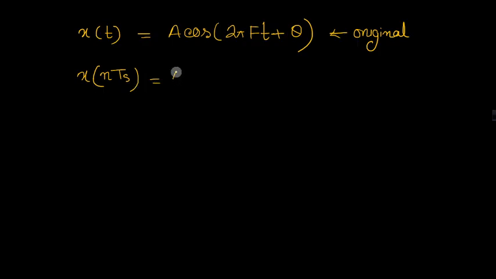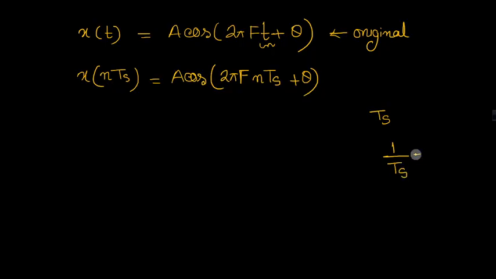And if I put nTs instead of t, I have to write nTs here. Okay, now what is Ts? You know, Ts is called the sampling time, but now we have to take the inverse of Ts, and the inverse of time will be some kind of frequency, and this fs is called the sampling frequency.